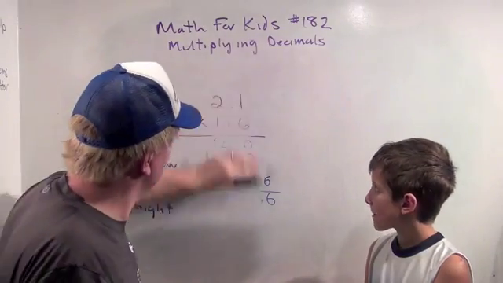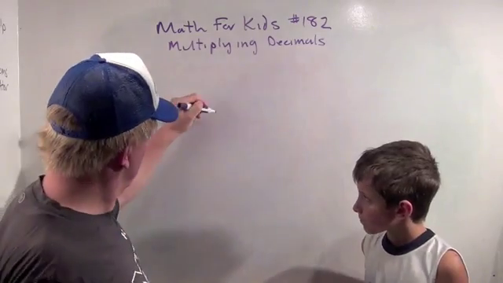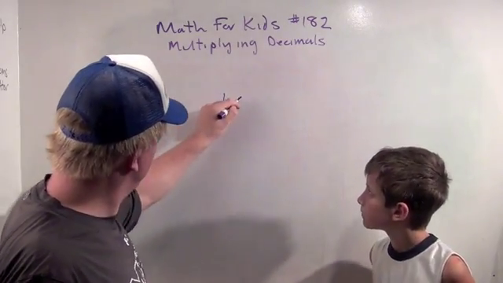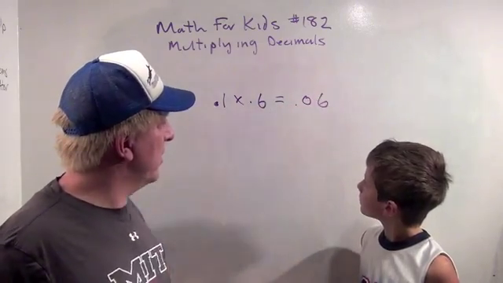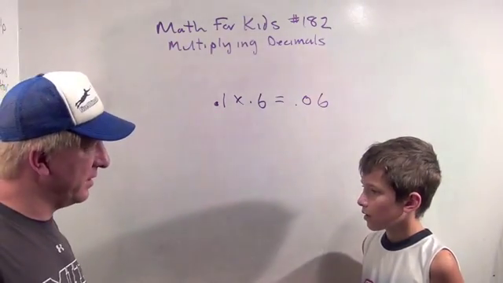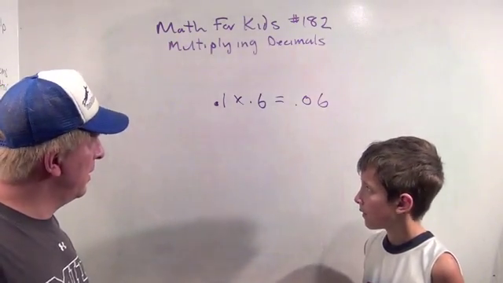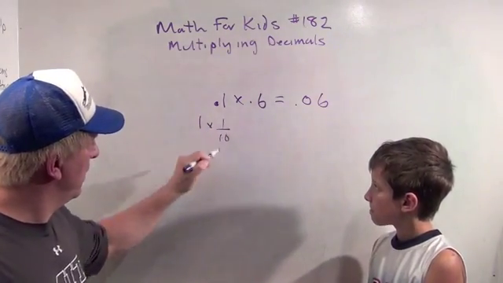So let's take a look at that. Why is 0.1 times 0.6 equal to 0.06? Let's see if we can figure out why that's true. Okay, do you remember, what does 0.1 mean? It's 1/10. Okay, it means 1 times 1/10.